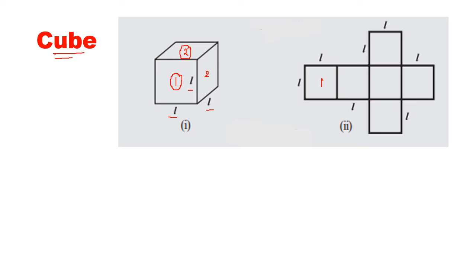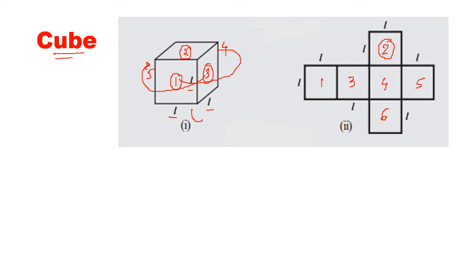In the previous figure, 1 is in the front and 2 is on the top. The one on the side is 3. Opposite to 1 on the other side is 4. Opposite to 3 on the other side is 5. And the bottom is 6.